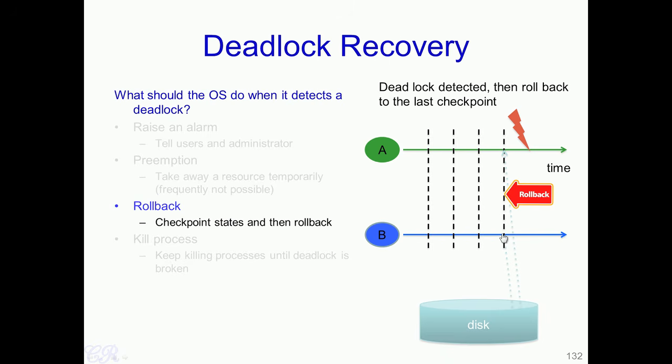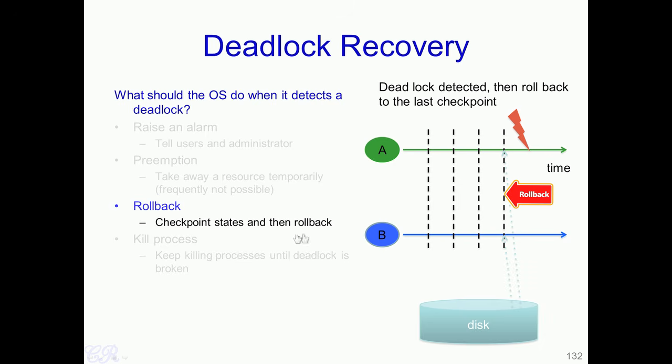Now, process A and B will continue to execute from this state, and the deadlock may not occur again. Essentially, we have seen that since deadlock is a probabilistic event, by modifying the ordering in which the allocations are made, we could prevent this particular deadlock.